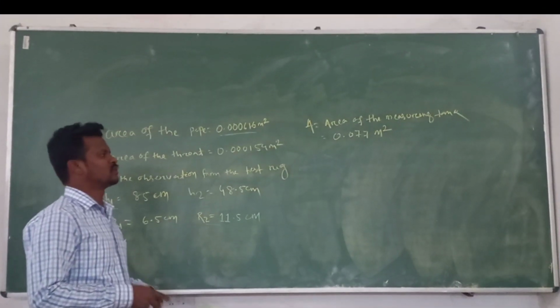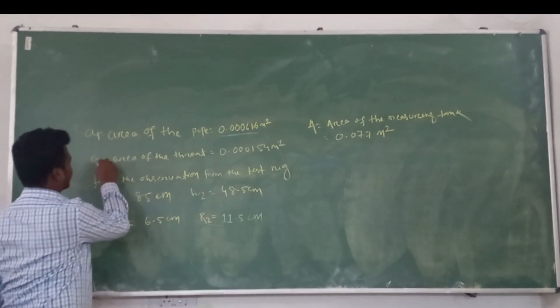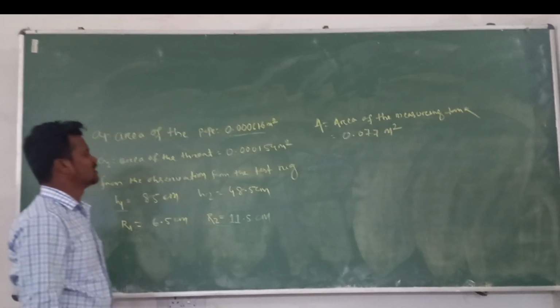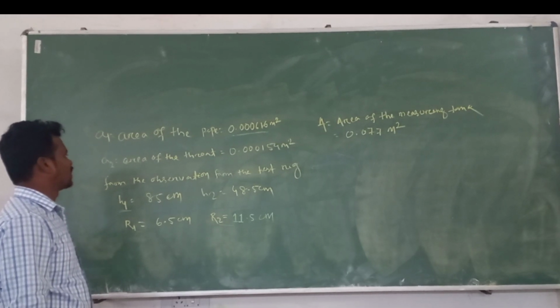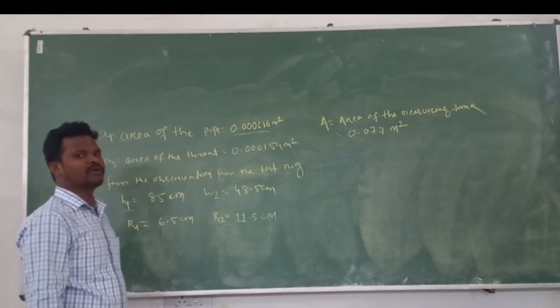Let's start the calculation part. From the manual we have found the value of A1 and A2. A1 is the area of the pipe. The value of this area of the pipe is 0.000616 meter square, and the value of A2, that is the area of the throat, is equal to 0.000154 meter square.